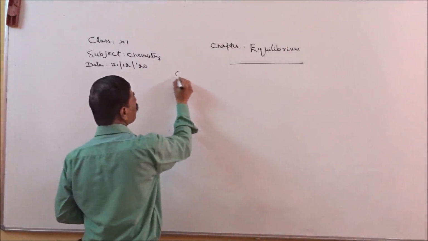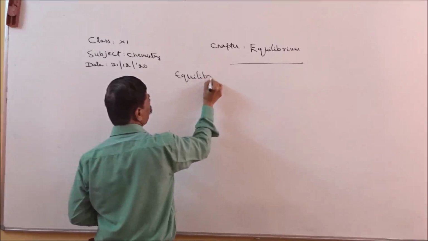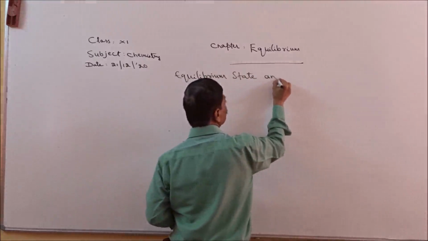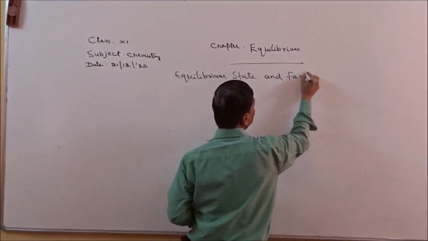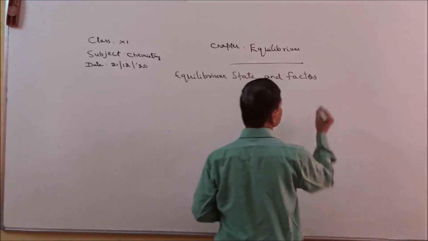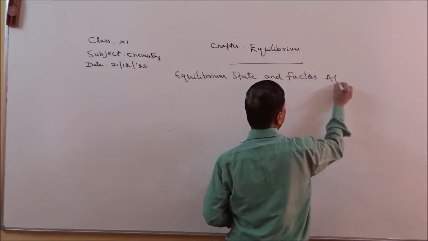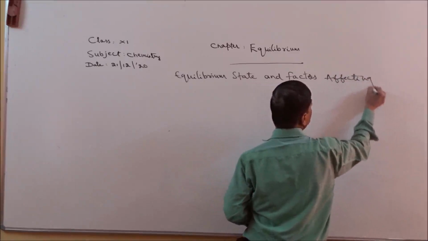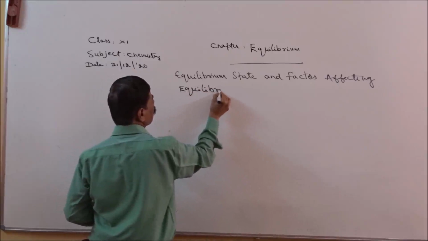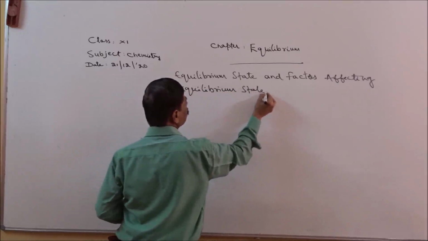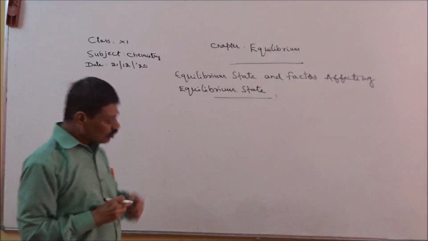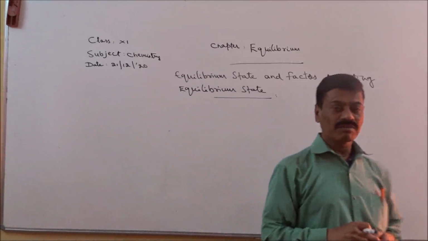So, equilibrium state and factors affecting equilibrium state. In this we have the law of chemical equilibrium also.